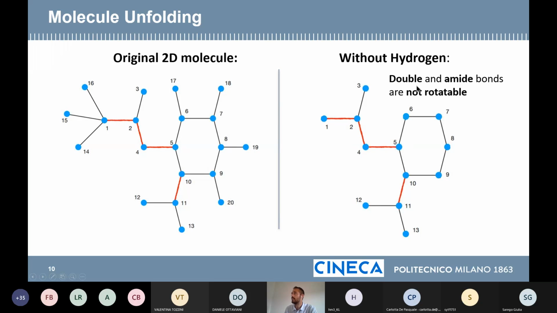You also have to keep in mind that, as I told you, not all bonds are rotatable. Especially, double and amide bonds are not rotatable, so you can delete them from the list of possible torsions.